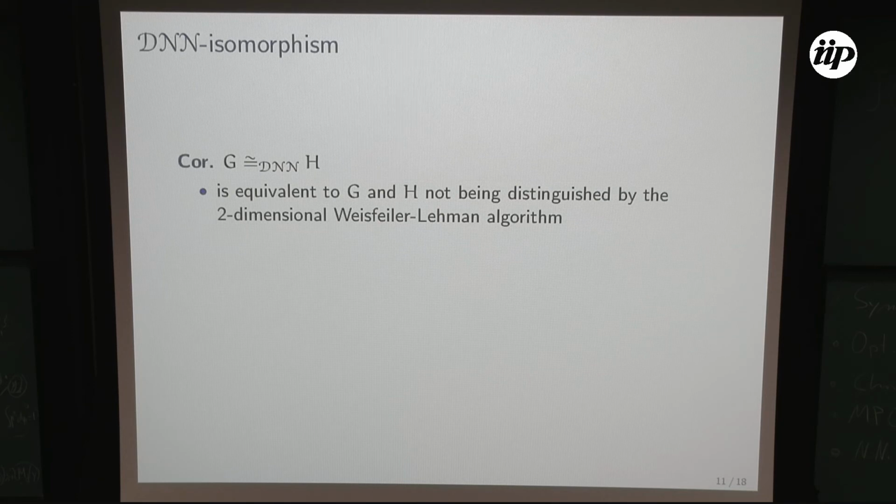The number of provers would be k-1, and you try to play an isomorphism game. The existence of a perfect non-signaling strategy would then be equivalent to the graphs not being distinguished by the corresponding Weisfeiler-Lehman algorithm. One further connection we get to logic is that there's also a logic formulation of these Weisfeiler-Lehman algorithms.